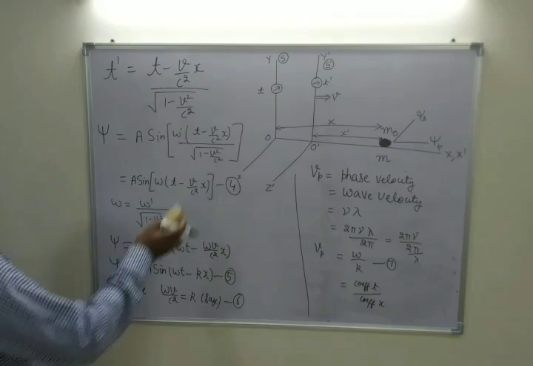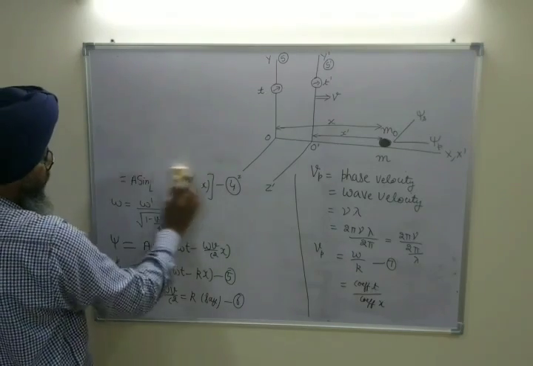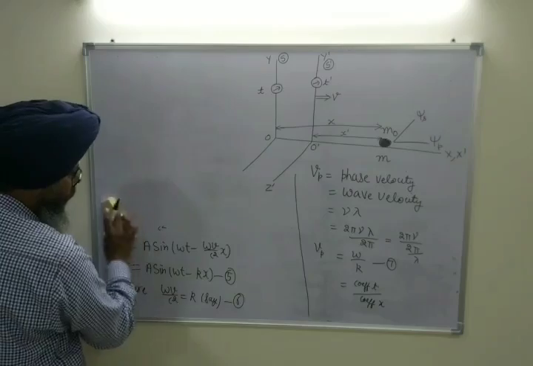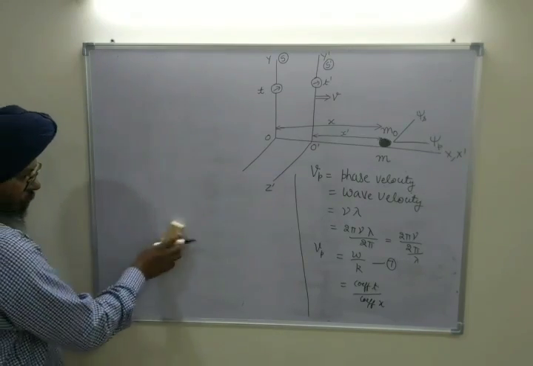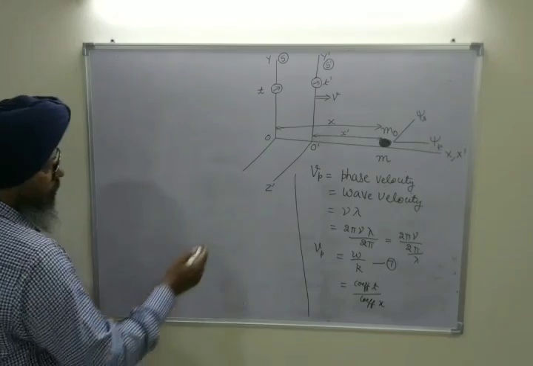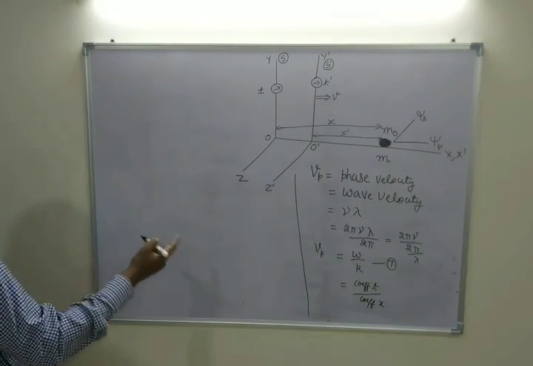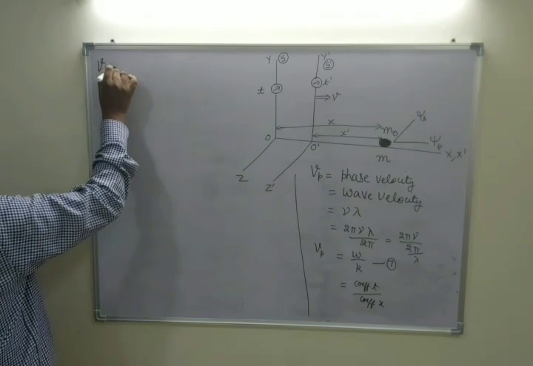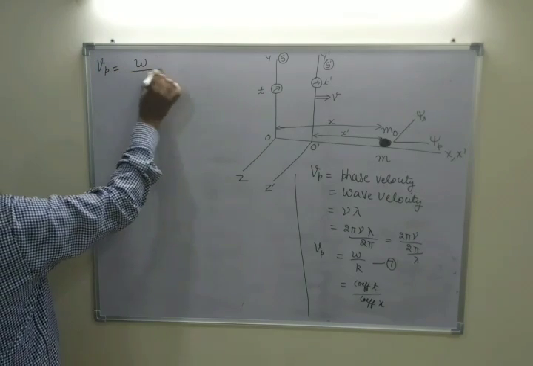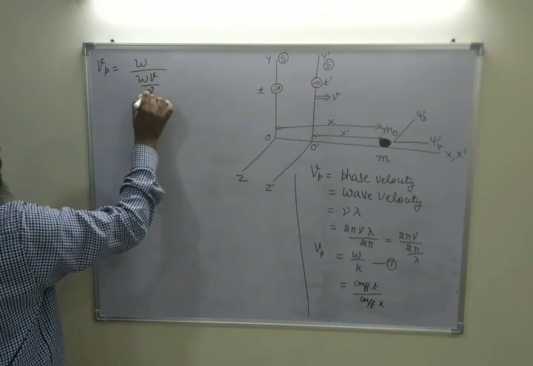Let us now move further and put the values of omega and k. Rather, we will be putting the value of k only. If we put the value of k from equation number 6, which I have just erased, in 7, then Vp will be equal to omega divided by omega v upon c square.